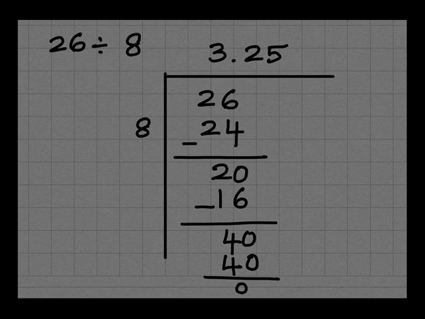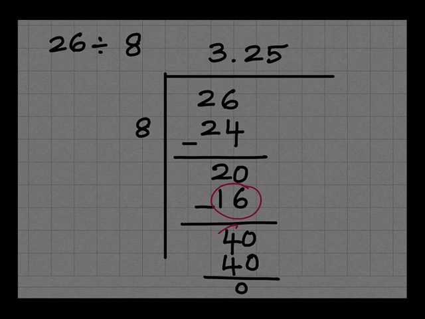So after that, since 2 is a smaller number, we cannot divide. Let us put a decimal. When we add a decimal, we add a 0 to it. How many 8s are in 20? So now let's see. 8 times 2 is 16. So let us write the 16 and again subtract.